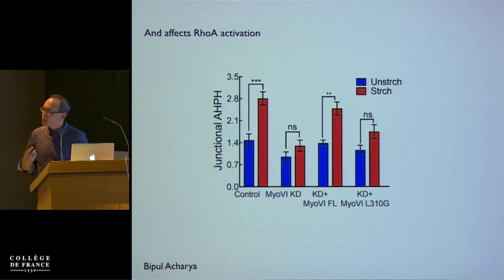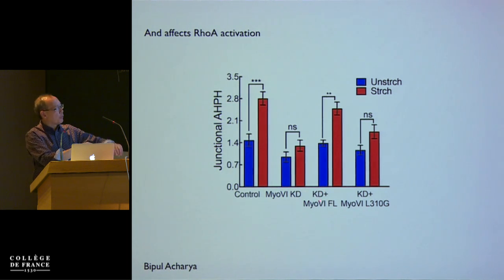And again, I'll spare you too many of the details, but indeed in our hands it appears to be the relevant one. And I'll show you two pieces of data that speak to that. The first is the fact that if you deplete cells of myosin 6, the ability of stress to activate Rho signaling is abolished. So this is junctional Rho and controls. It goes up with stretch. It's totally abolished if cells are depleted of myosin 6.